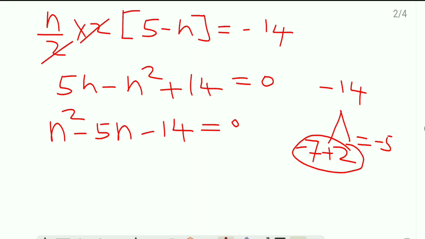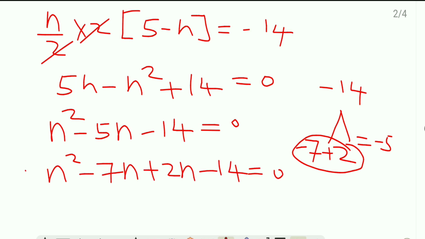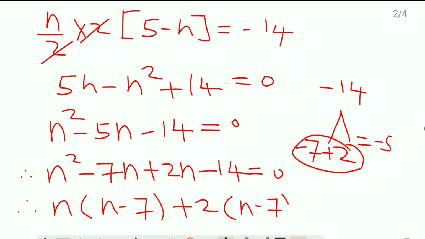Correct? Why are we doing it? Because it's a quadratic equation. We'll split the middle term. So n square minus 7n plus 2n minus 14 which is equal to 0. Correct? Here from the first two terms we'll take n common, so n minus 7. From the next two terms we'll take 2 common, so here n minus 7 once again which is equal to 0.